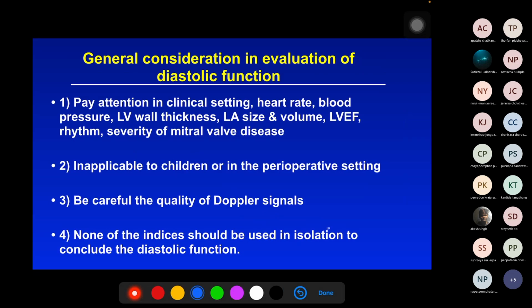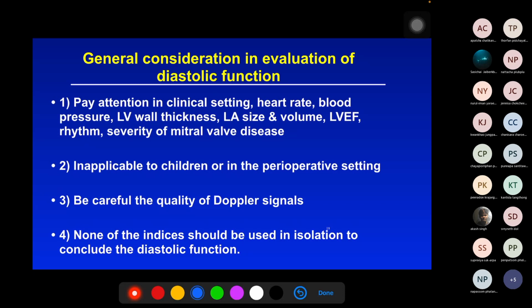Okay, general consideration before you evaluate diastolic function by any method. You should pay attention to the clinical setting of the patient. Look at the heart rate, blood pressure, LV wall thickness. For example, in a patient who has hypertrophic cardiomyopathy, or thick heart muscle from long-standing high blood pressure or hypertension, the patient may have increased LV wall thickness.